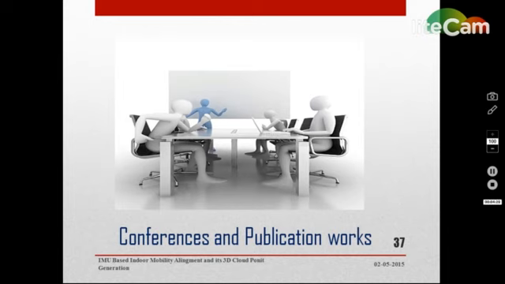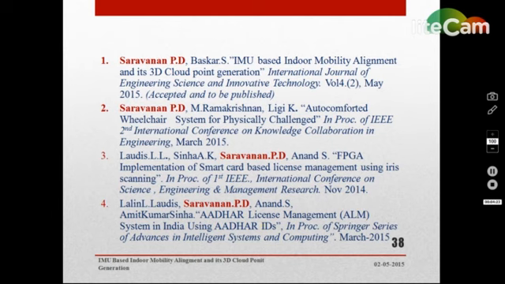And the conference and publication work done so far: the first one is an IMU based inter-mobility alignment and its 3D component generation, which has been published in IJERT, the International Journal of Engineering, Science and Innovation Technology, volume 4, May edition.